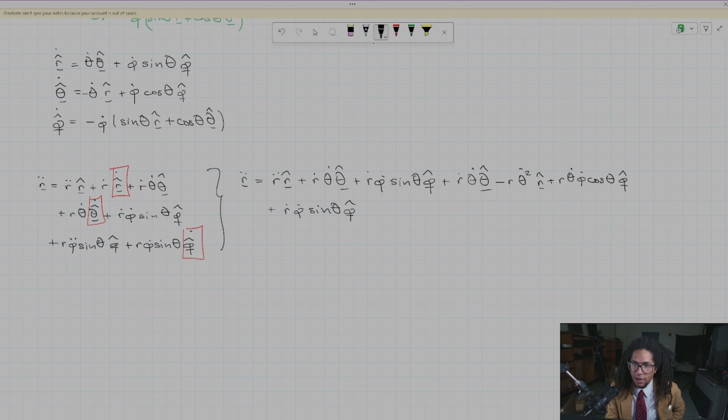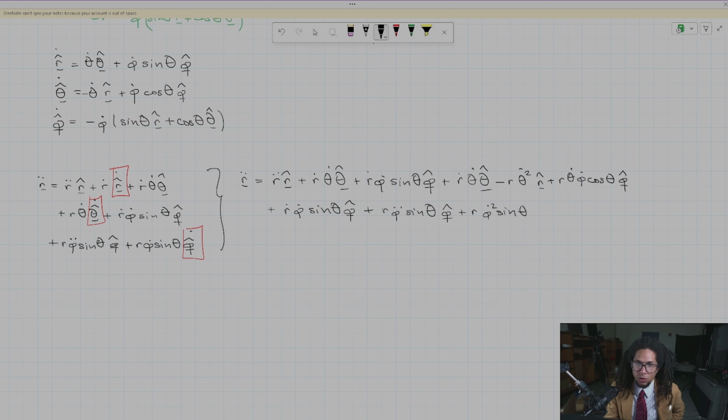And then lastly, sorry, not quite lastly, because we have to copy down that term as well, plus r phi double dot sine theta phi hat. And then for the last term, we're not just copying, we're inserting phi hat dot. So we get r phi dot sine theta, but then because we're taking this thing, we need to stick in another phi dot, so that becomes phi dot squared.